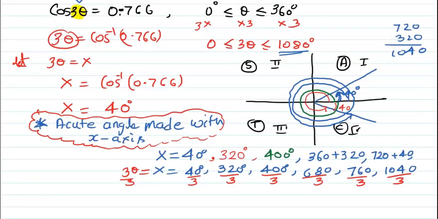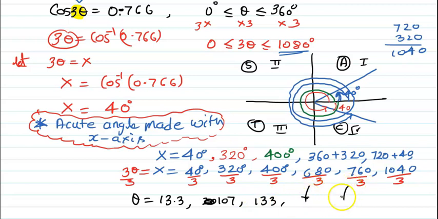So once you divide by 3, this will be theta. 40 divided by 3 is 13.3. 320 divided by 3 is 107. 400 divided by 3 is 133. Similarly, you can divide all of these by 3, and that will be your required answer.